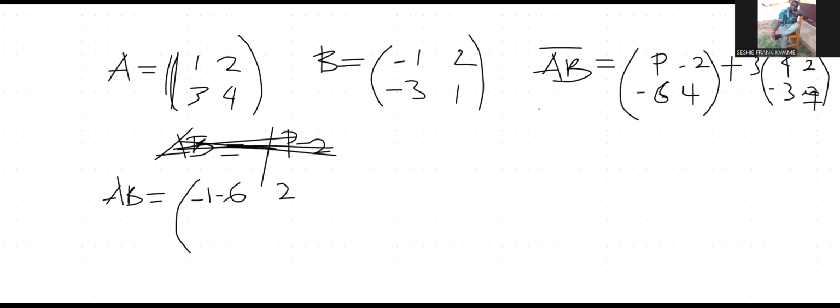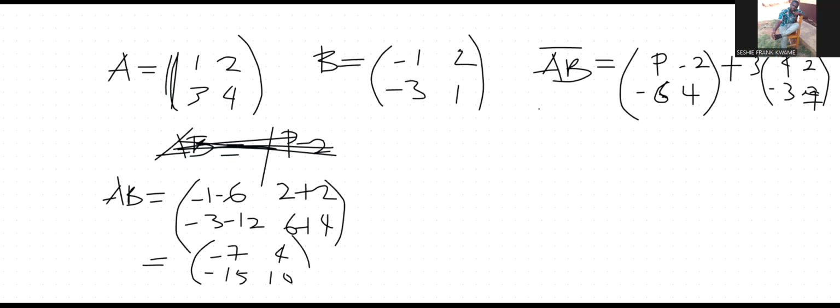Then 3 times negative 1, negative 3, 4 times negative 3, negative 12, 3 times 2, 6, 4 times 1. So this should give us negative 7, 4, negative 15, 10. So let me work at this a bit. 3 times 4 is 12 plus P. So here I have P plus 12. Negative 2 plus 3 times 2, 6. So here I have 4. Negative 6 plus negative 9. So here I have negative 15.